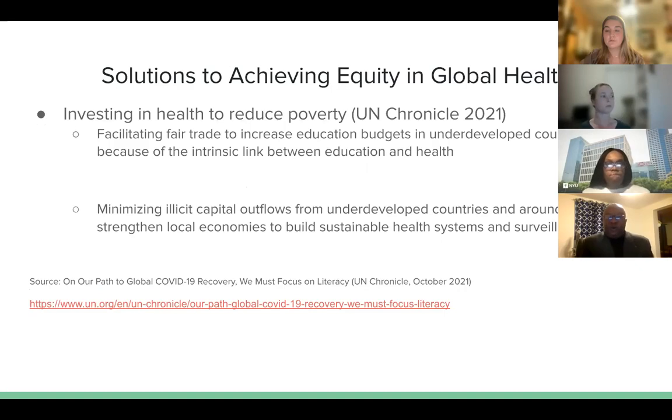So what is the solution to all of this? If we are going to invest so much money, so much resources in global health security so that we can achieve equity in global health, one of the first things we need to do is to facilitate fair trade. By fair trade, we mean, for example, when you extract minerals from underdeveloped countries and you take those minerals in their raw form without adding value to those minerals, you are typically robbing those countries of employment opportunities.